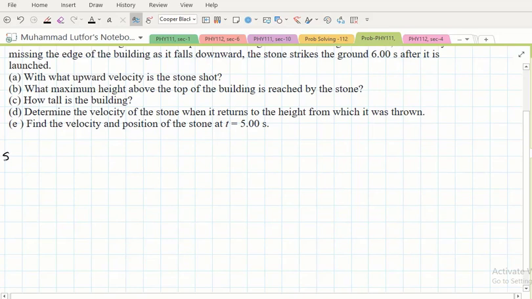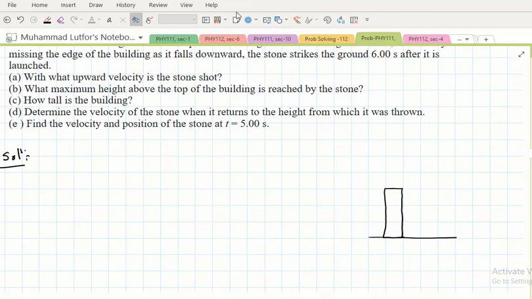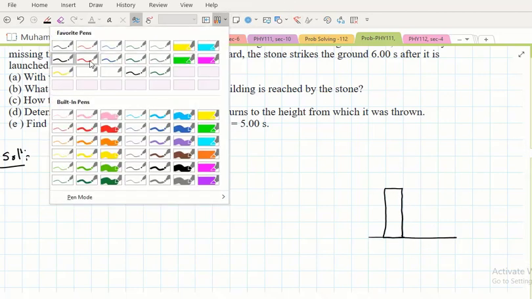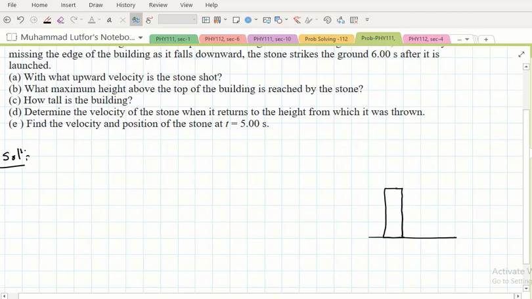think about this as a tall building. From the top of this tall building you throw the stone upward with a speed, then it moves and reaches its maximum height.